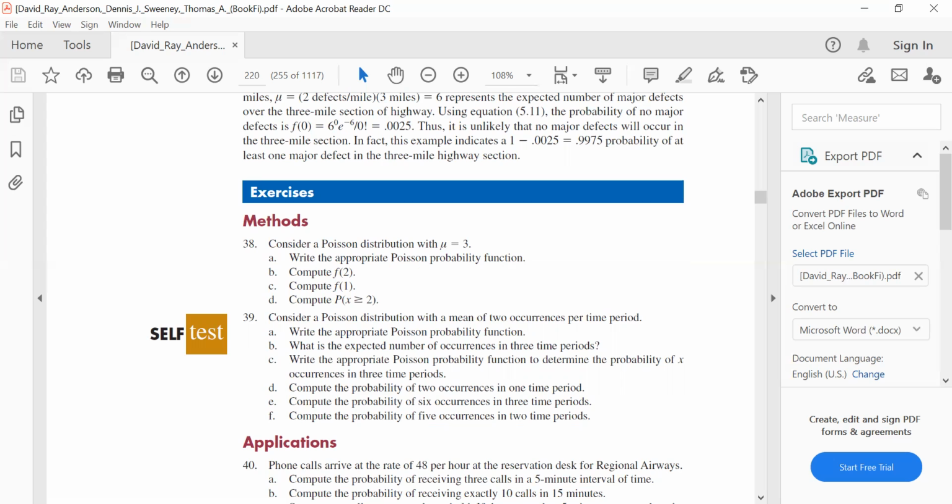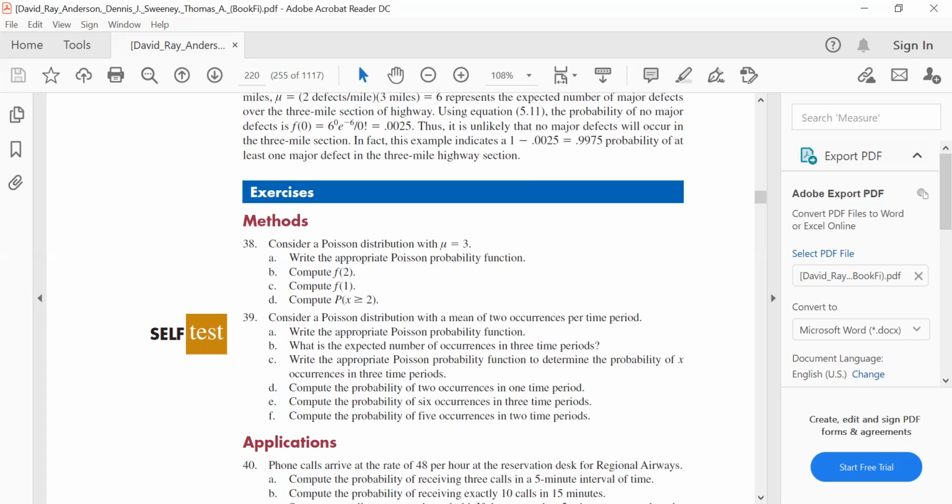That means in one time period, the value of mu is 2. So now we need to compute f of 2, that is 2 power 2 e power minus 2 divided by 2 factorial, that is equal to 0.2706.